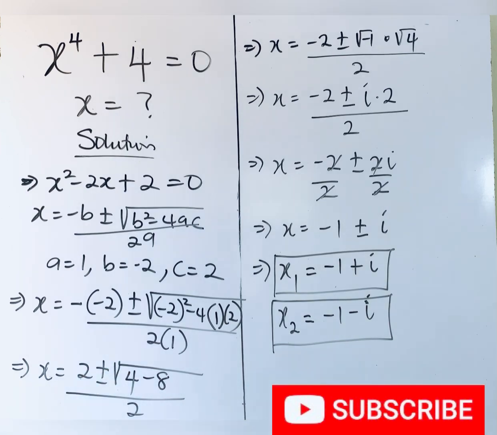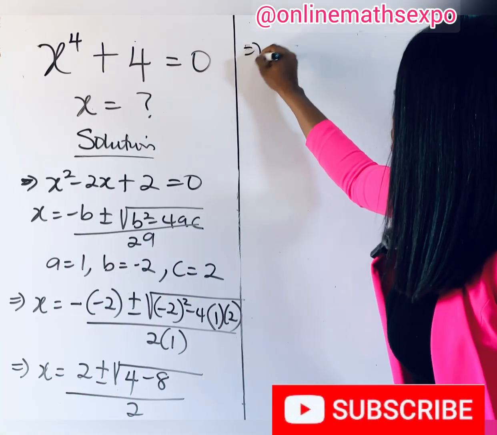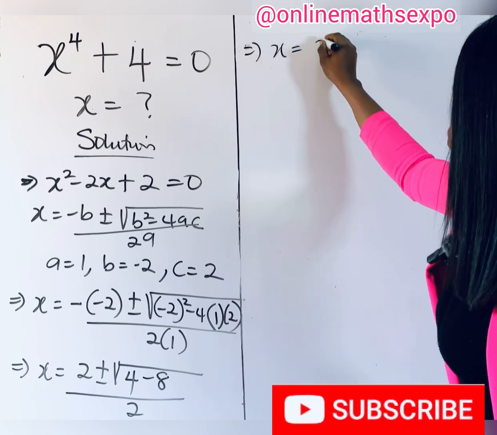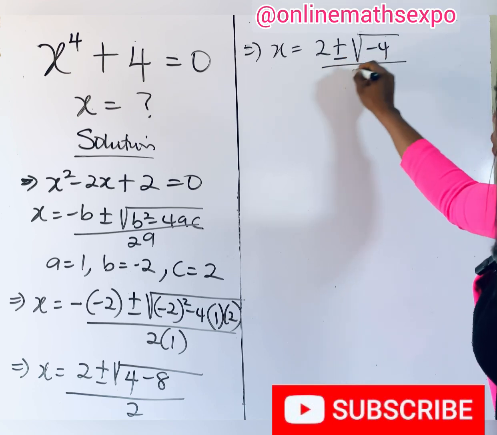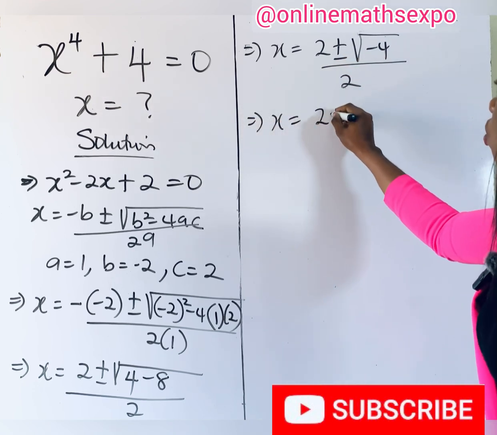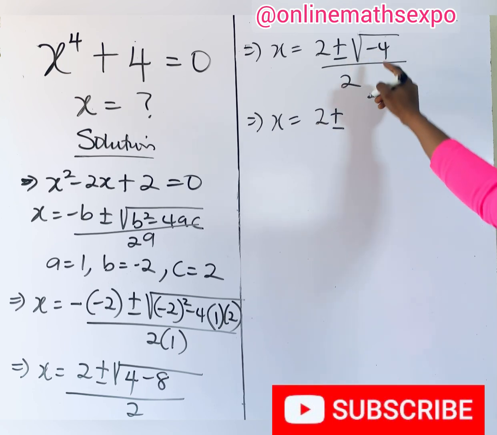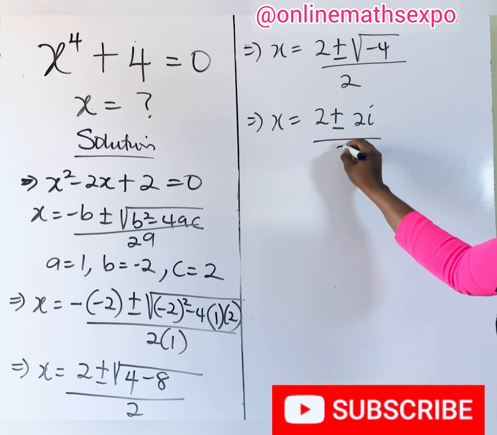If you simplify again, x is equal to 2 plus or minus square root of negative 4 divided by 2. And it gives us x is equal to 2 plus or minus, remember this gave us 2i, then divided by 2.